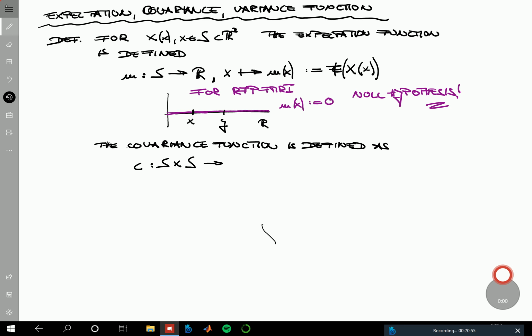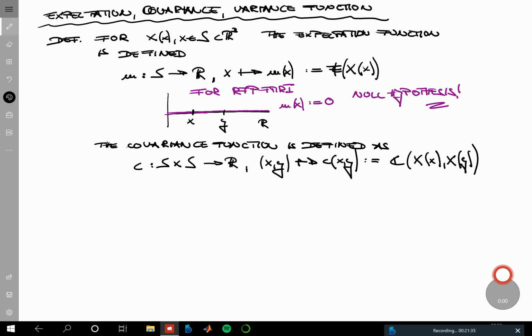It allocates to each of these pairs the value of the covariance function, which is just the covariance of the random variable located at x and the random variable located at y. So you can always view covariance as the covariation or the correlation that you get from many observations.